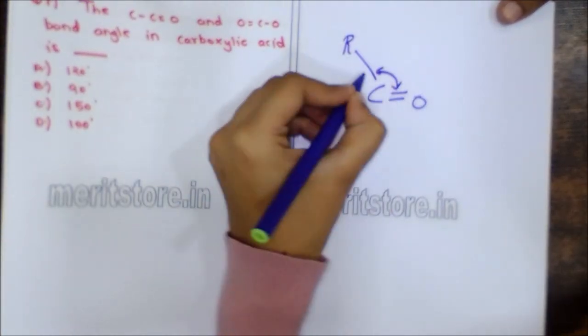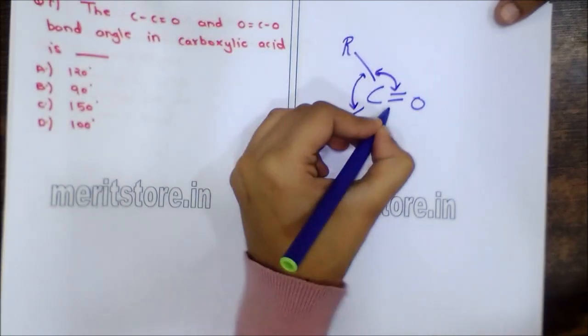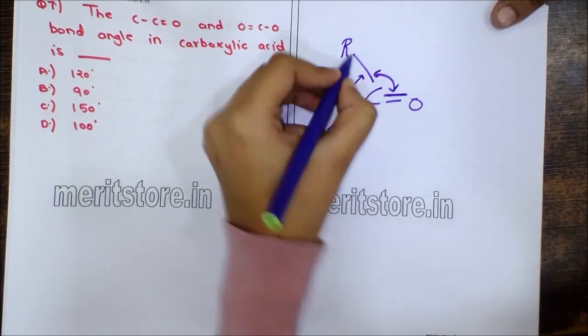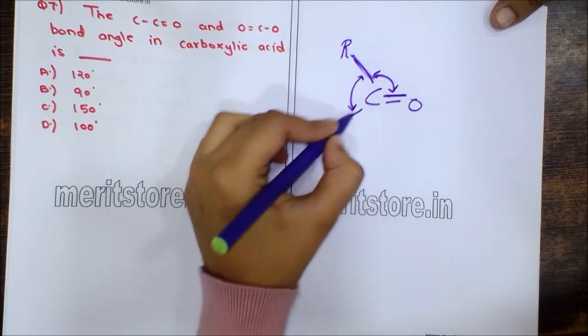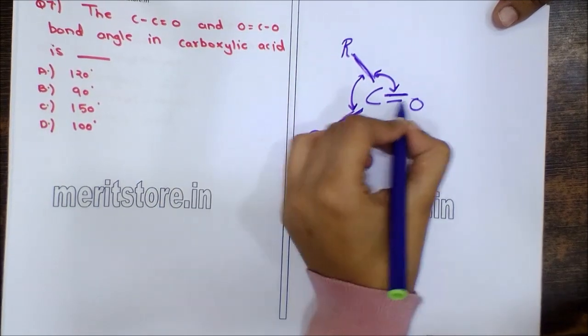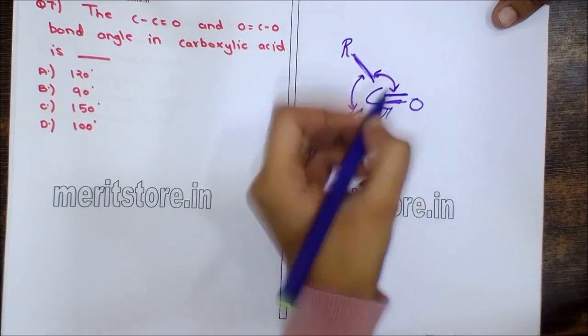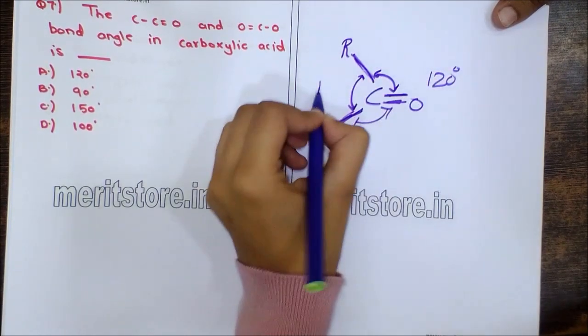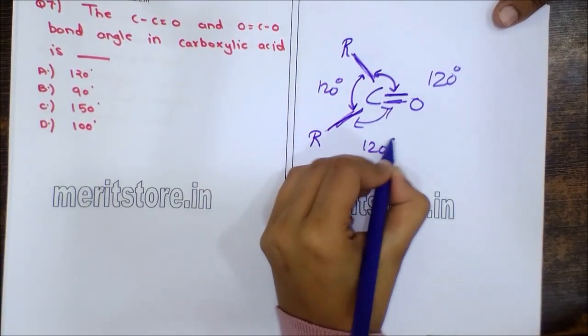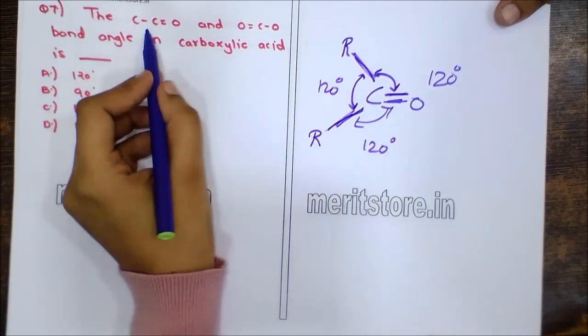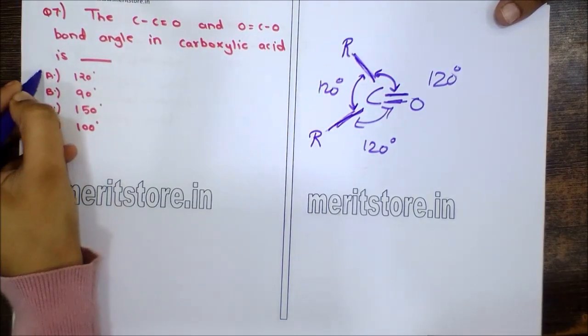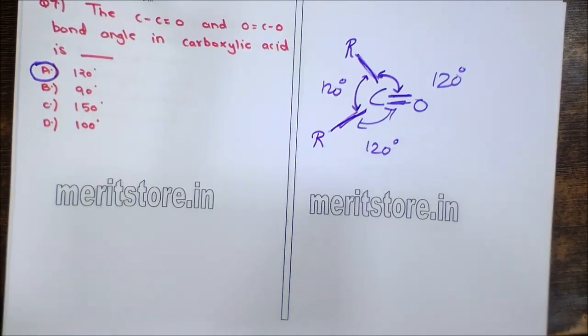Now all these 3 angles, between this bond and this bond, between this bond and this bond, and between this bond and this bond, all the 3 angles are 120 degrees. This is 120, this is 120 and this is as well 120. Therefore option A, 120 degree, is my correct answer.